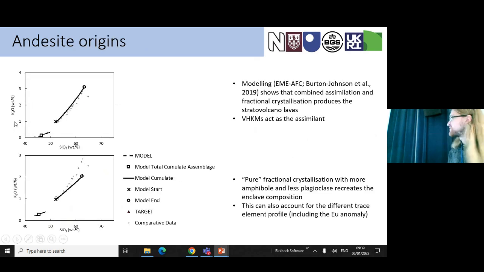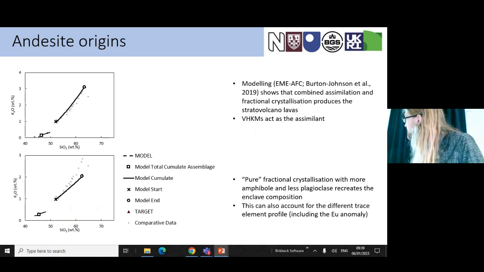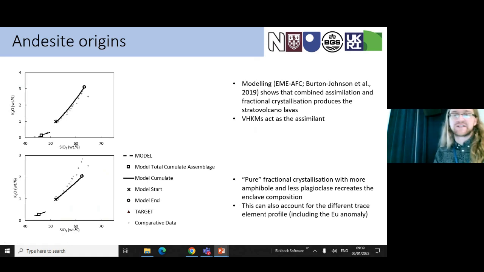So with those observations, we decided to do a little bit of modelling using the EME AFC model of Burton-Johnson et al. The top plot shows the model results for the stratovolcano lavas, whereas the bottom plot is the enclave. And we were able to quite successfully reproduce the compositions that we see.